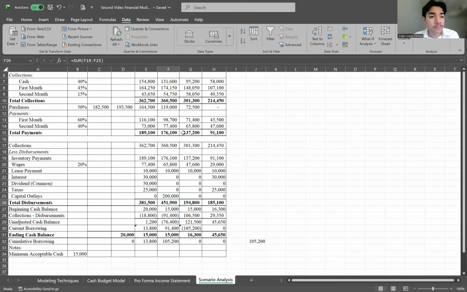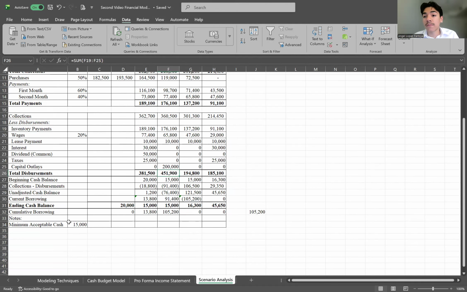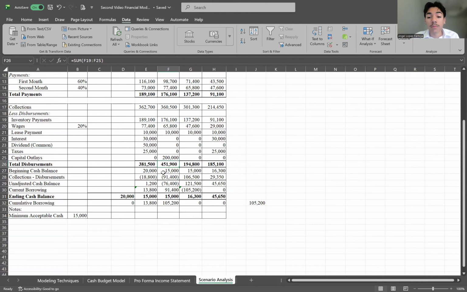For this exhibit, we now have a minimum acceptable cash, so we have to have at least $15,000 in the form of cash. Here we do see that our maximum borrowing, if we were to put $200,000 in capital outlays for the month of July, is 105,000.